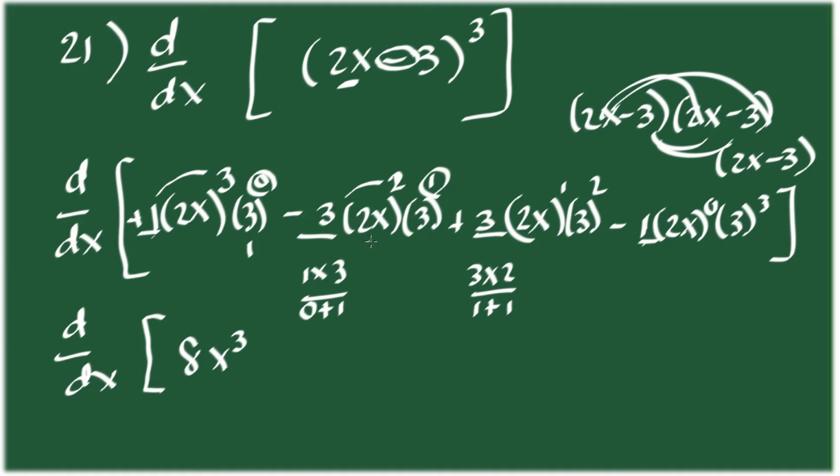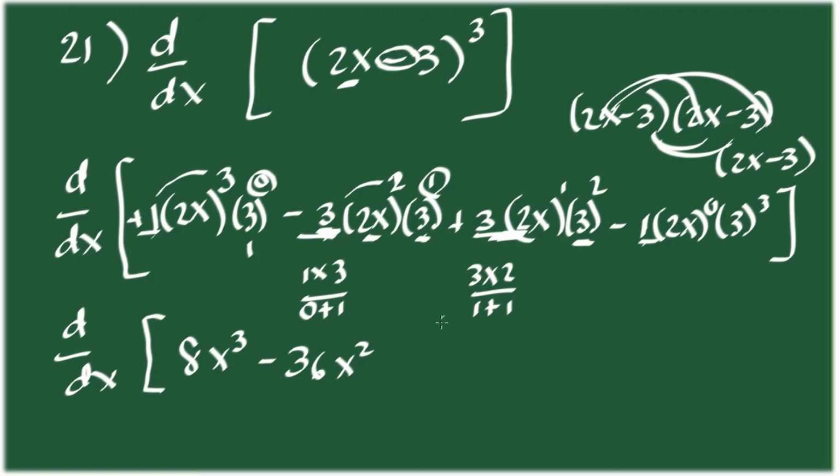So this one here is 3 times 3, which is a 9. But 2x squared is 4x squared. So 3 times 3 is 9 times 4 is going to give you 36x squared. And then right here we have 9. Now 3 and 2 is 6. Okay.